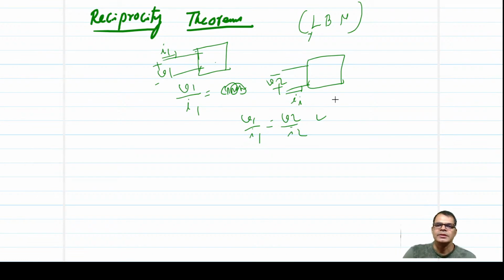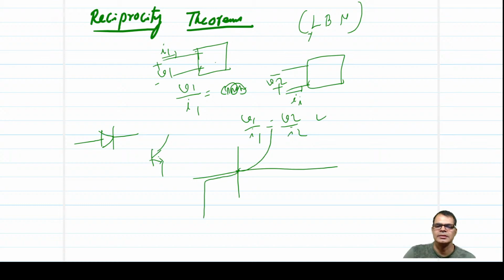What are non-bilateral elements? Simply, a diode is non-bilateral. Your transistor is non-bilateral. You know the diode characteristics, so they are not equal in the reverse direction.